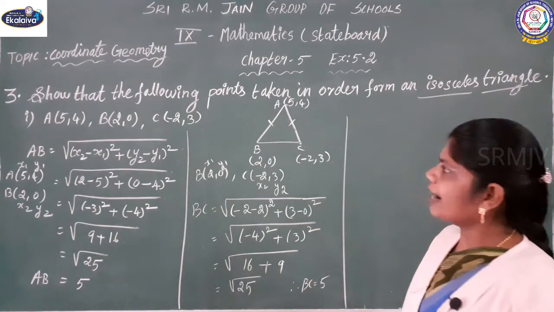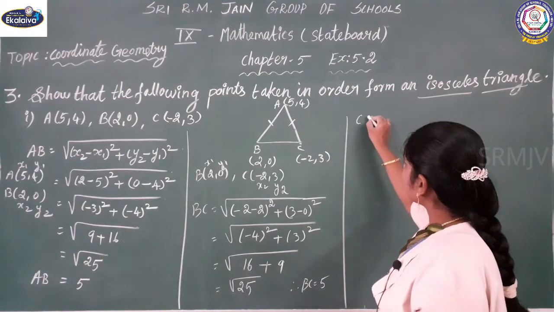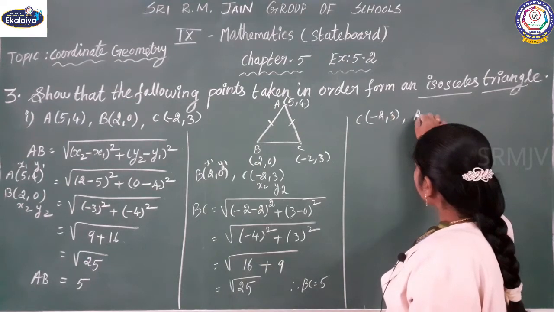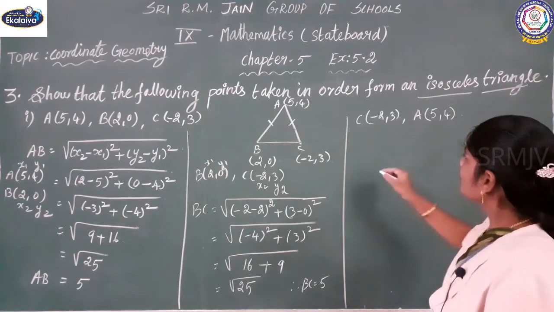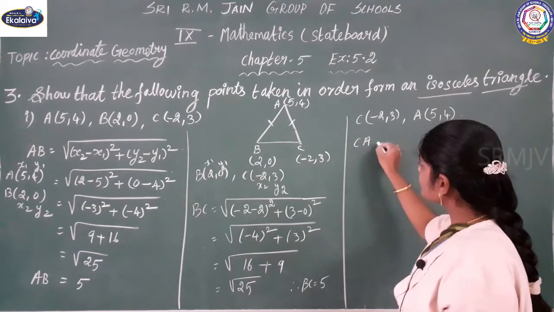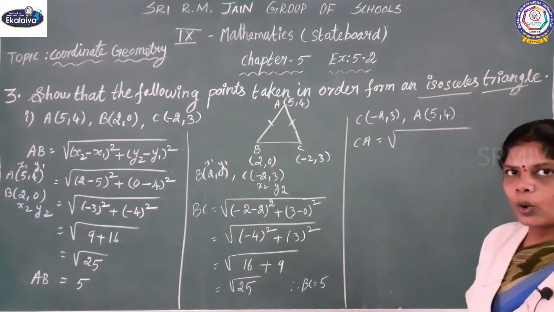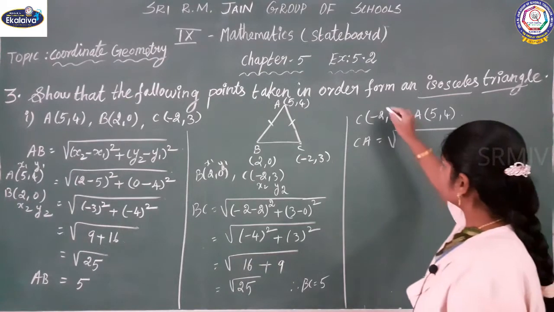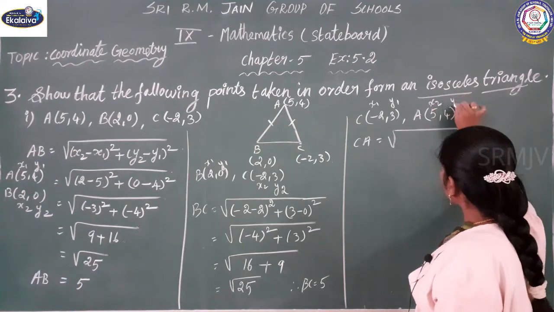Next we are going to find the distance of CA. So CA, write the coordinates: C is (-2, 3) and A is (5, 4). The distance of CA equal to root of (x2 minus x1) the whole square plus (y2 minus y1) the whole square. So this is x1, y1, x2, y2.